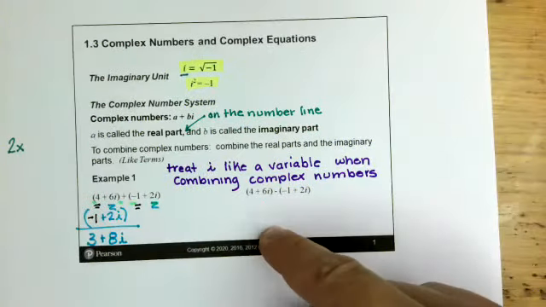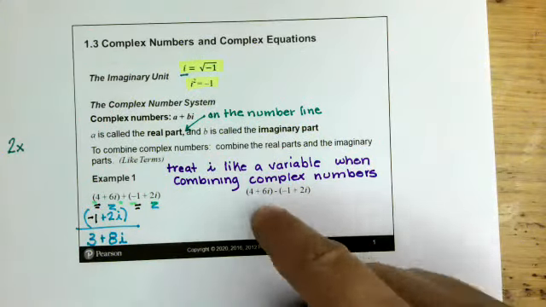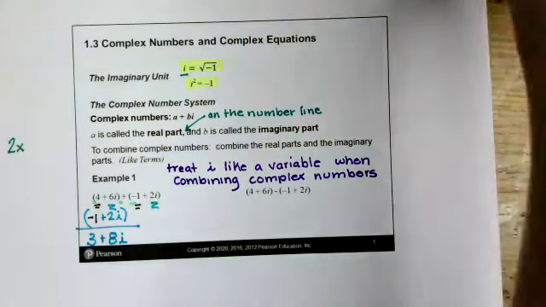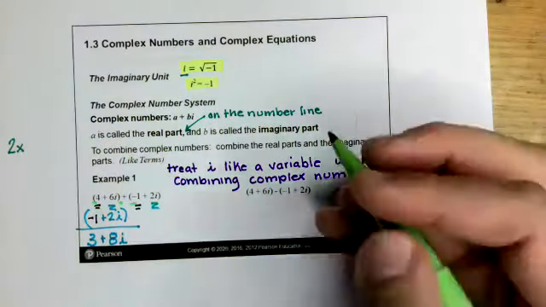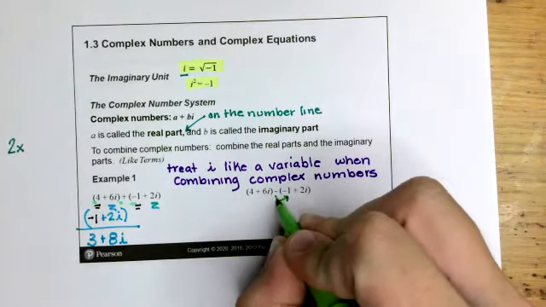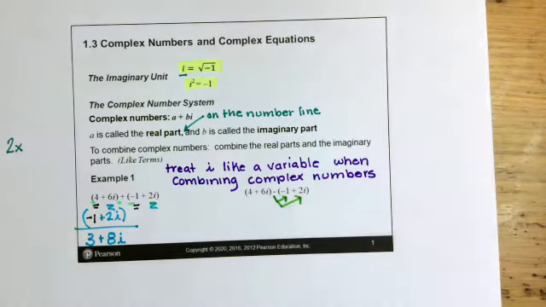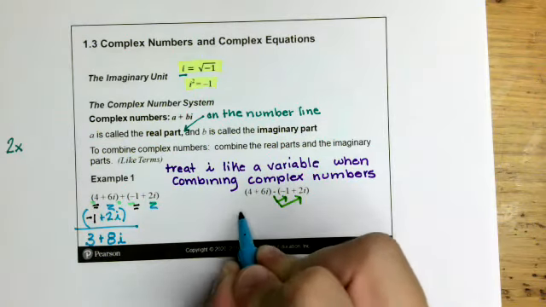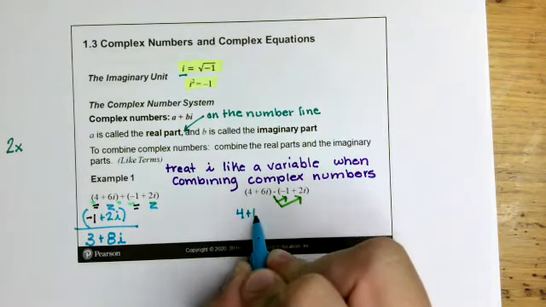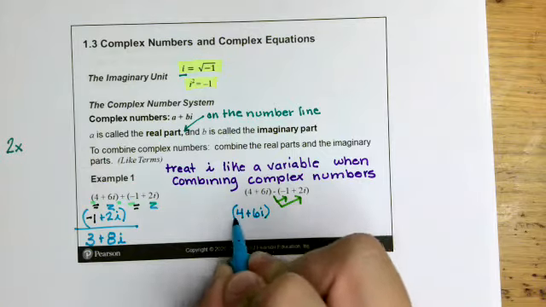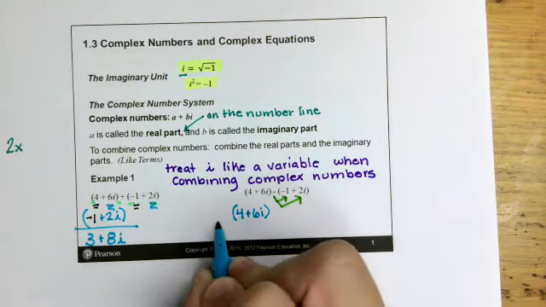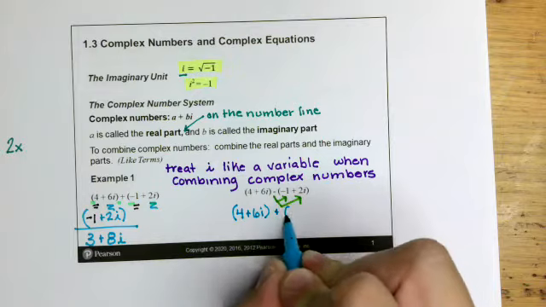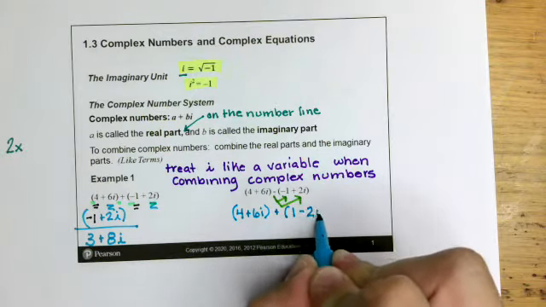With our second part of example 1, we do need to distribute something. Do you see how there's a negative sign? Because there's a negative sign, I'm going to distribute it before I do anything else. So now I have 4 plus 6i plus 1 minus 2i.